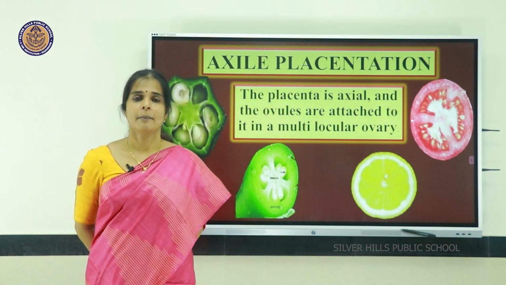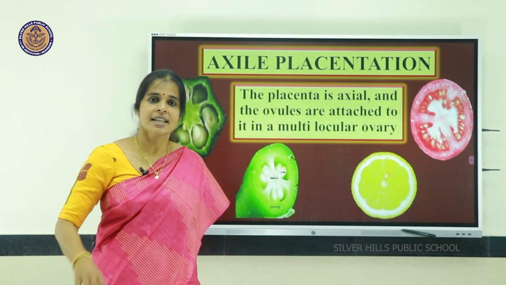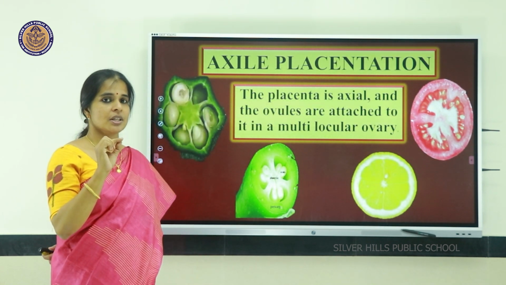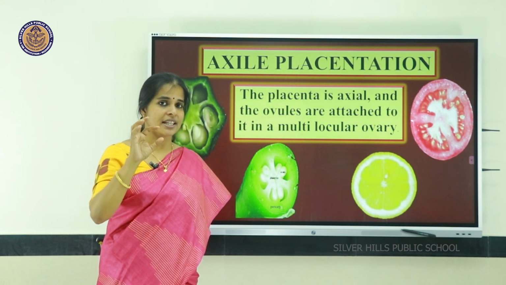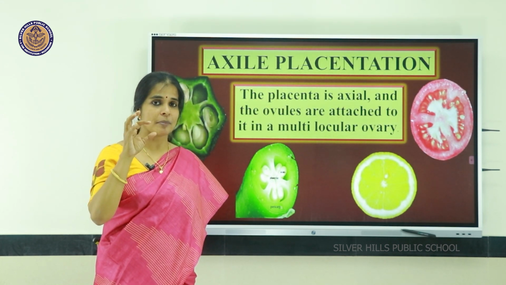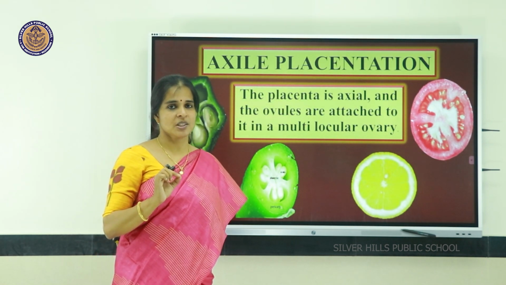What do you mean by multilocular ovary? Multilocular ovary means a chamber is present in the placenta. In each placental region, a septa is formed, and that divides the ovary into chambers. Inside each chamber one ovule is present.